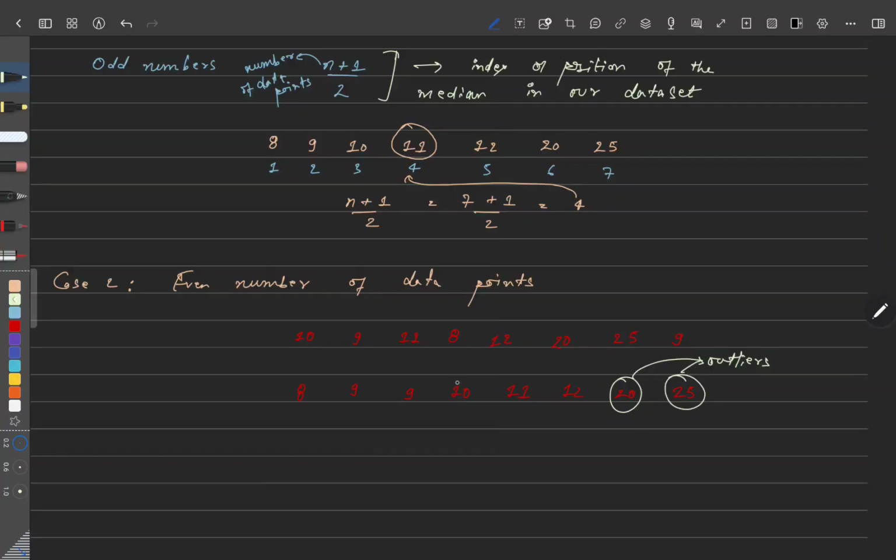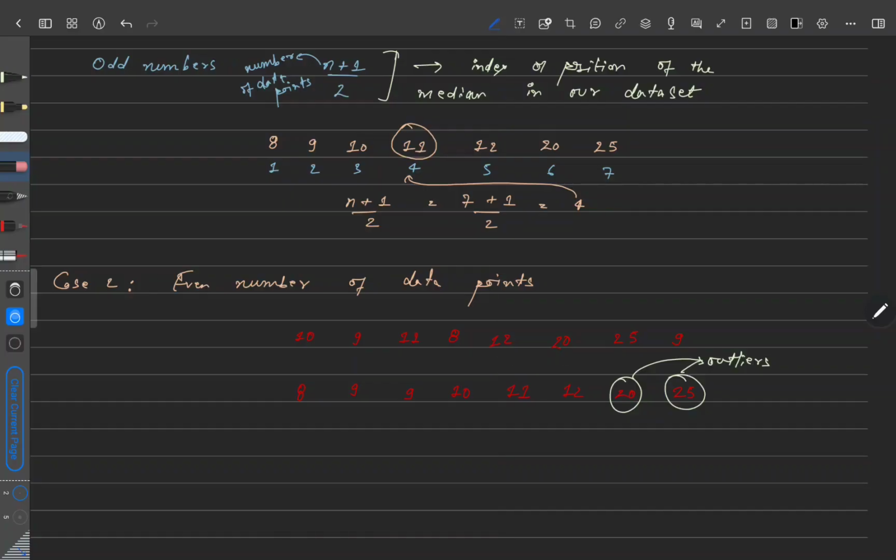And if you make this fourth position the median, it is not really dividing the data set into two equal halves, because on the right side you have 4 data points and on the left side you have 3 data points. So this is sort of incorrect. This is not right.